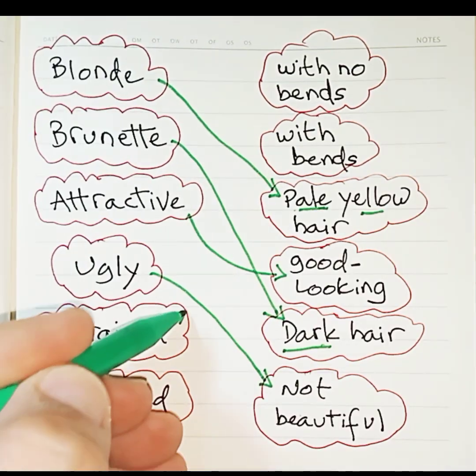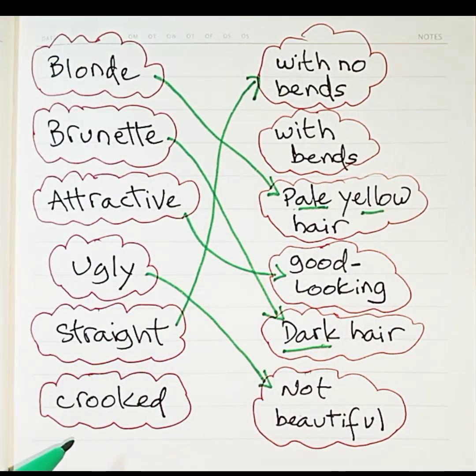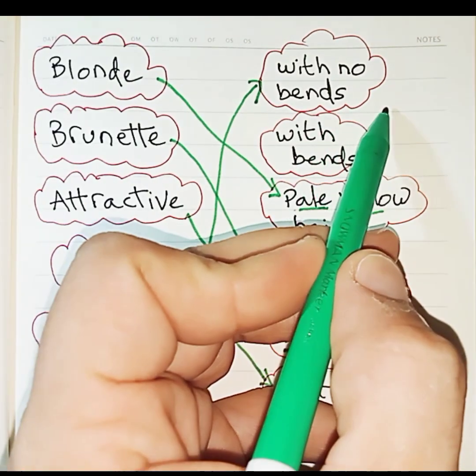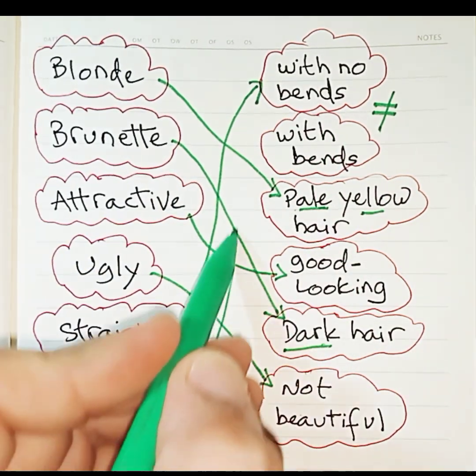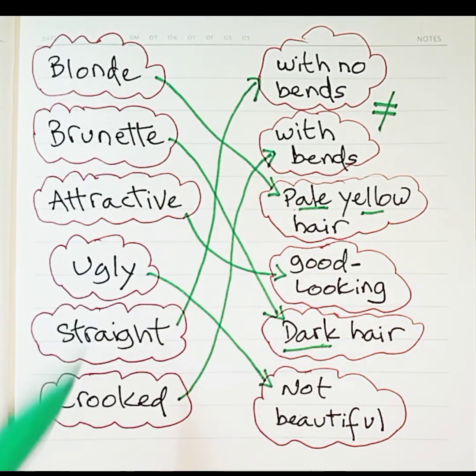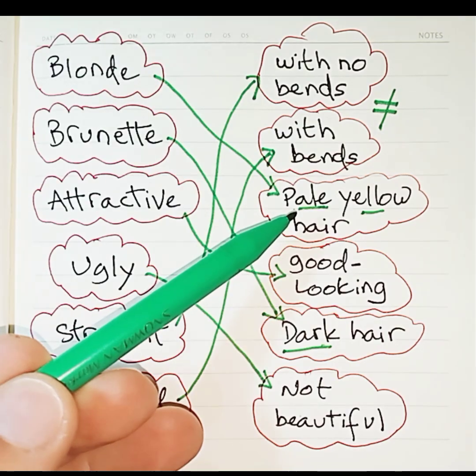Straight? Yes. With no bands? The opposite is crooked, with bands. They are opposite. If the definition is opposite, it means the words are opposite too.